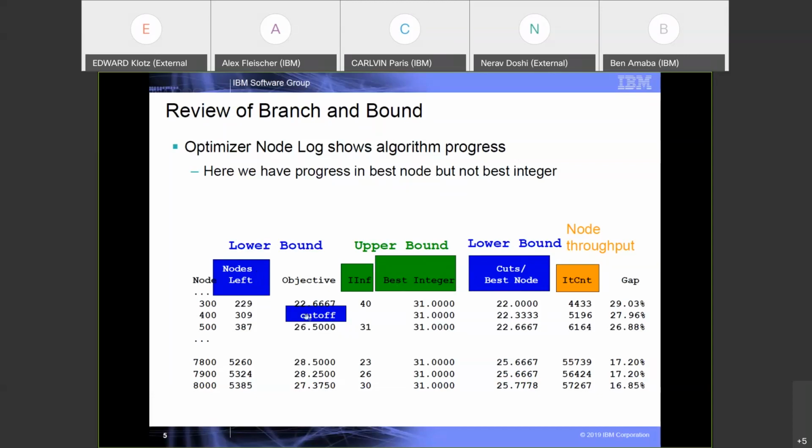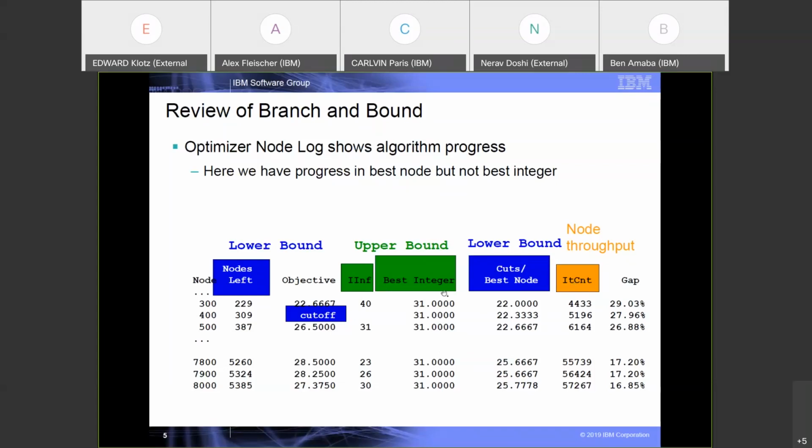The more you have that are cut off or infeasible, that means the more nodes you are pruning, and that tends to manifest itself as progress in the lower bound. So you look at those 3 columns to assess lower bound progress. You look at columns 4 and 5 to assess upper bound progress. And then you look at 7 to assess node throughput progress.